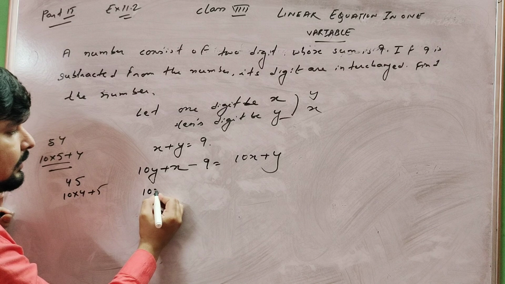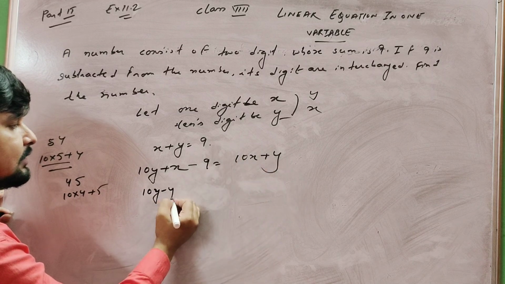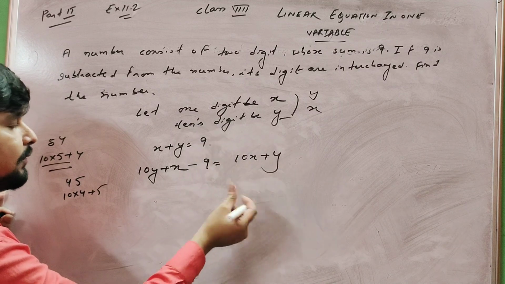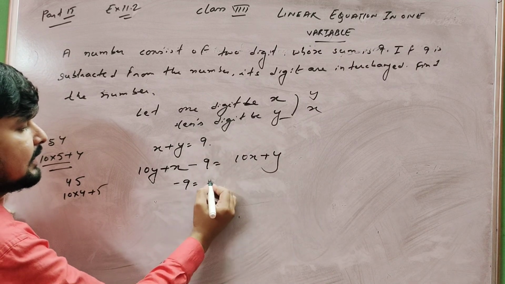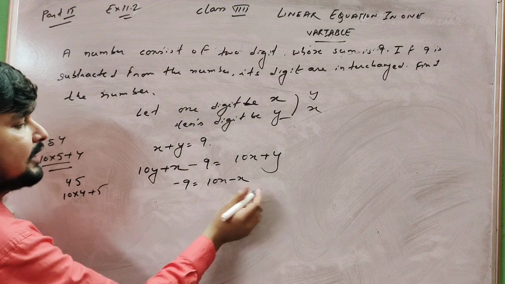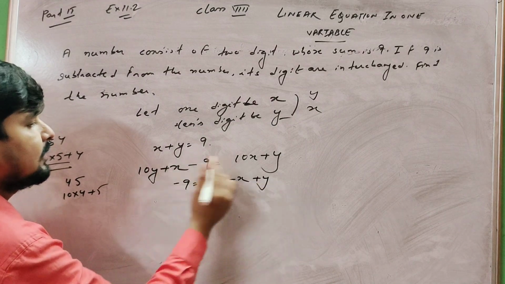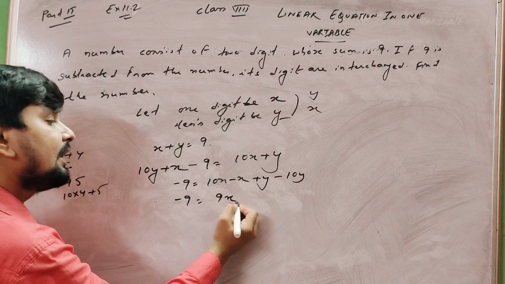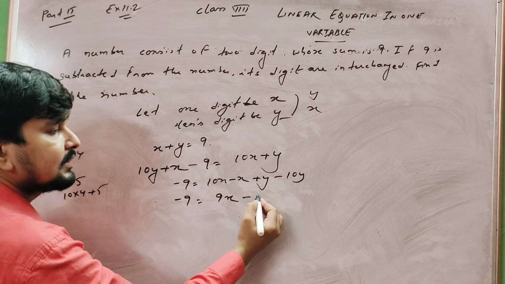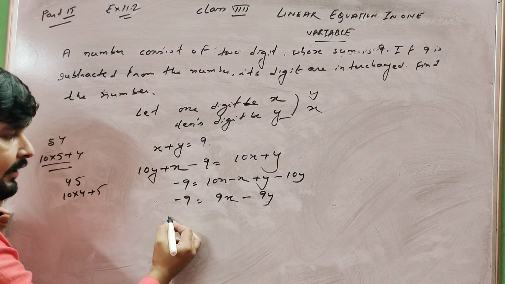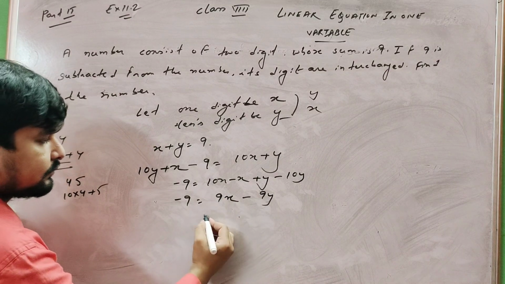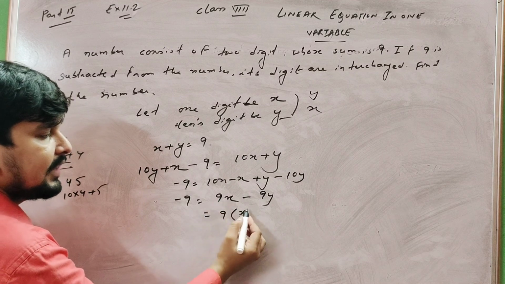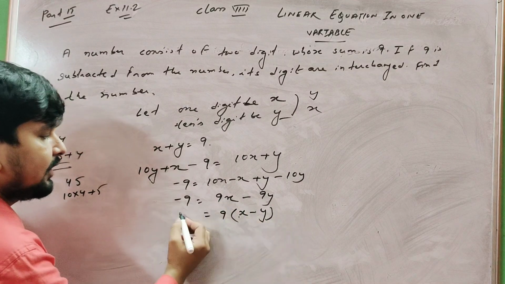So 10y minus 9 plus x, if you write from this side, equals 10x plus y. Writing 10x minus x, 10x minus y, there is minus 10y. So minus 9 equals 9x minus 9y. Taking 9 common, 9 cancels and x is left, and y is left, minus 9.